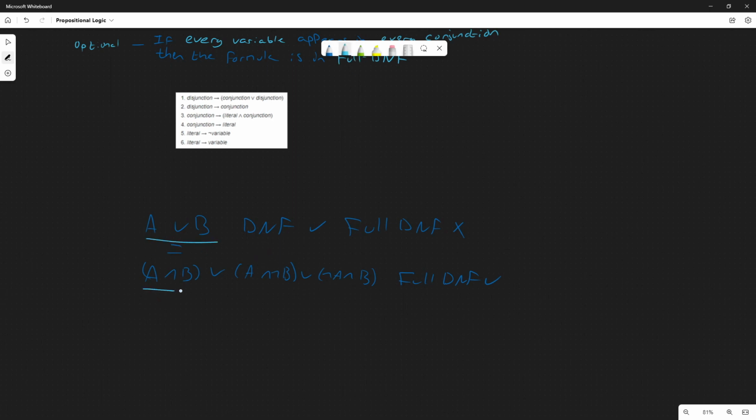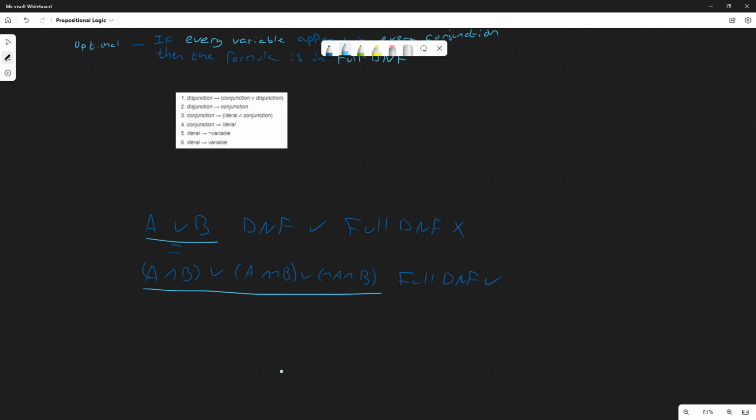So this and this are equivalent to each other. They have produced the exact same truth table. However, the second one is in full disjunctive normal form. Terrible for us to read, but for machines, much nicer to work with. So that's why we have it.